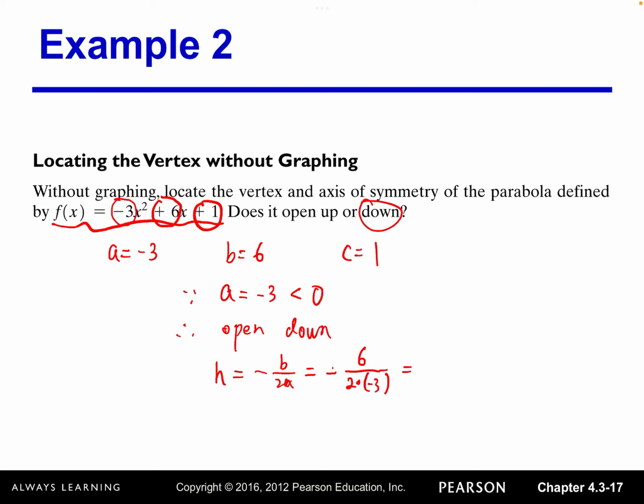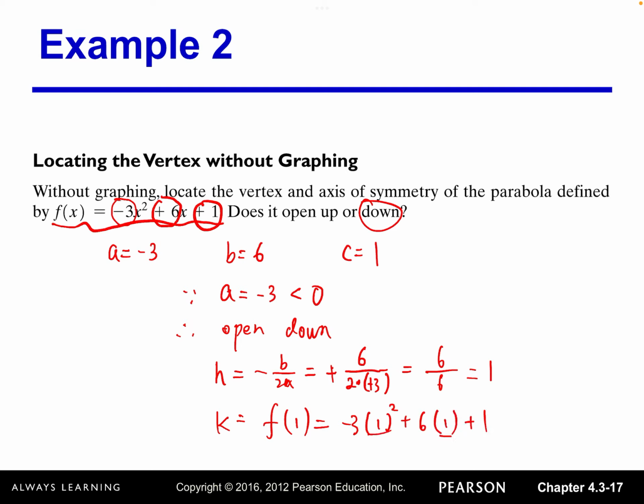And then the negatives cancel out and become positive, and we get 6 divided by 2 times 3, which is 6, so that equals 1. So the x coordinate of the vertex equals 1, and then for the y coordinate, we evaluate f of 1. So replace x by positive 1, and we get negative 3 times 1 squared plus 6 times 1 plus 1, right?